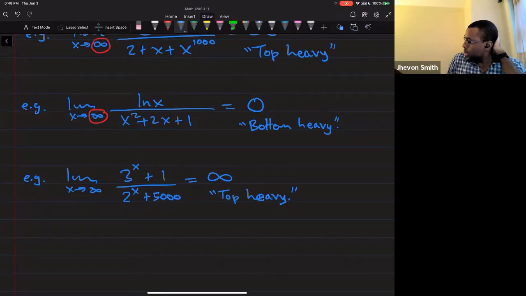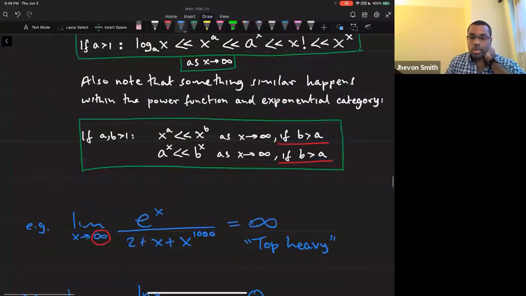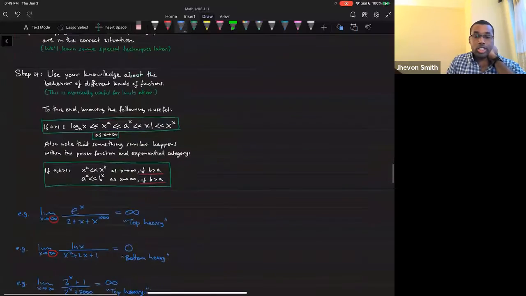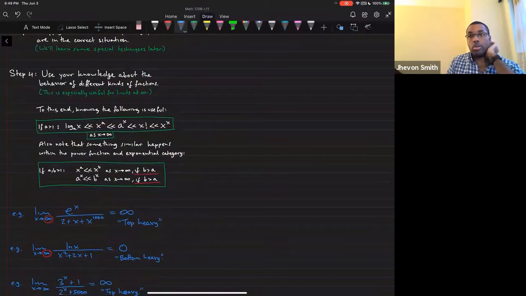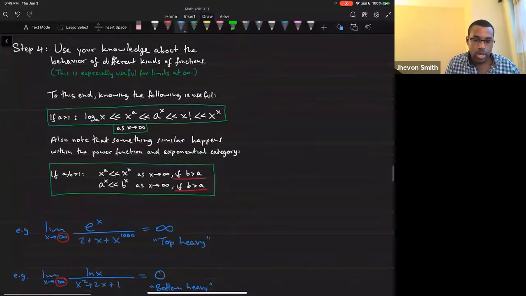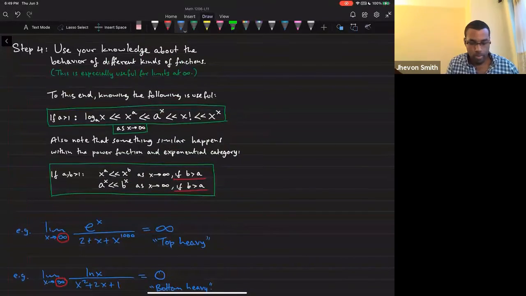Because 3 to the x compared to 2 to the x, the base is larger. So that is true. Okay, so that's a strategy, step 4. If all the previous things didn't work, maybe you can figure something out based on the actual functions involved, and especially if you're going off to infinity, you can use that idea.